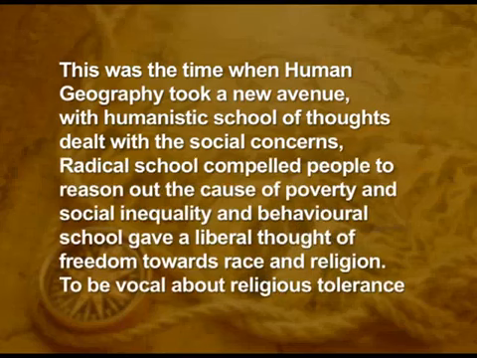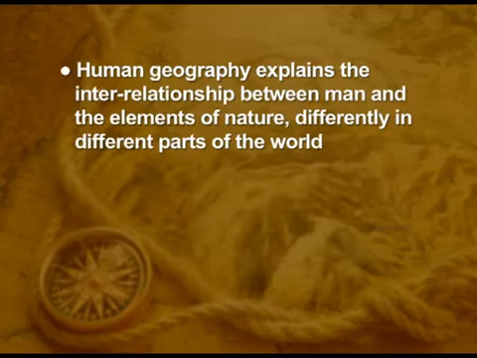Radical school compelled people to reason out the cause of poverty and social inequality. And behavioral school of thought gave a liberal thought of freedom towards race and religion, to be vocal about religious tolerance. Human geography explains the interrelationship between man and the elements of nature differently in different parts of the world.